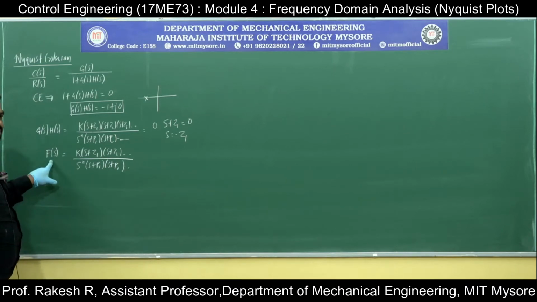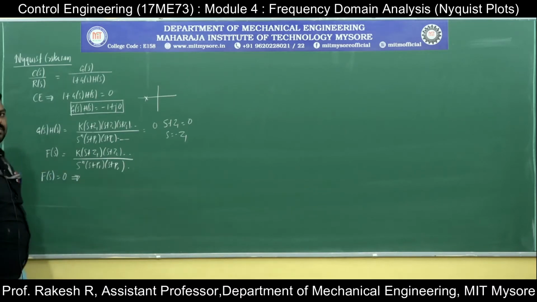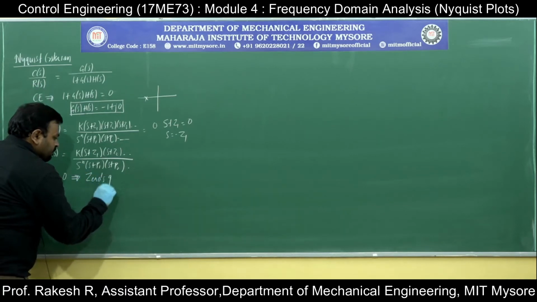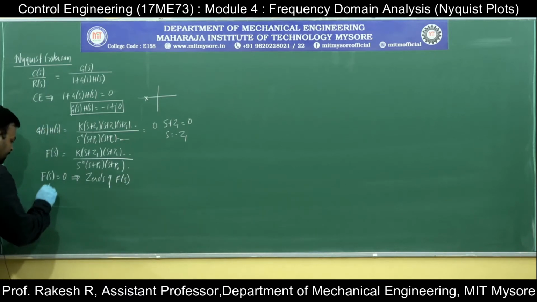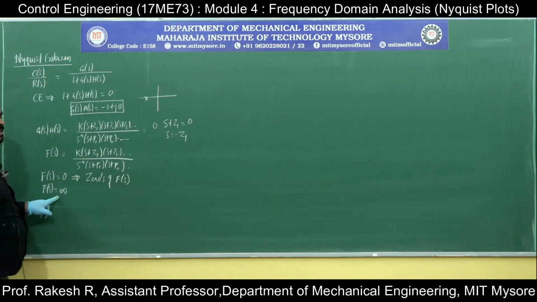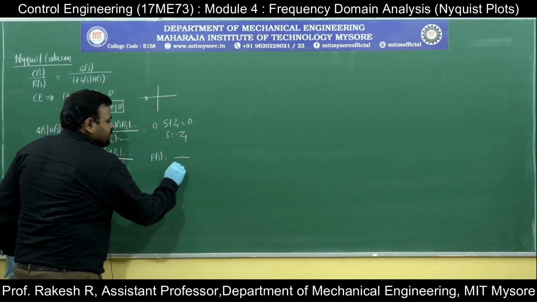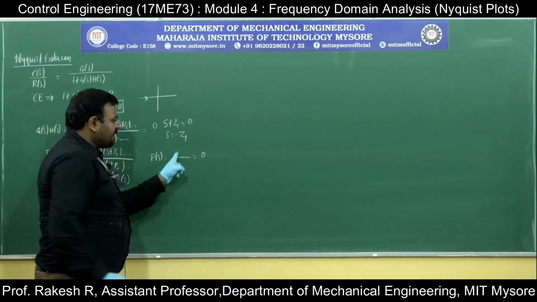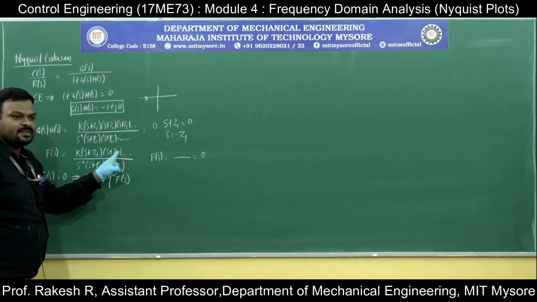If F of S is equal to 0, then you will get the zeros of F of S. Say for example, F of S is equal to some terms. If F of S is equal to 0, you will get the numerator terms, so the numerator terms are S plus Z1, S plus Z2.